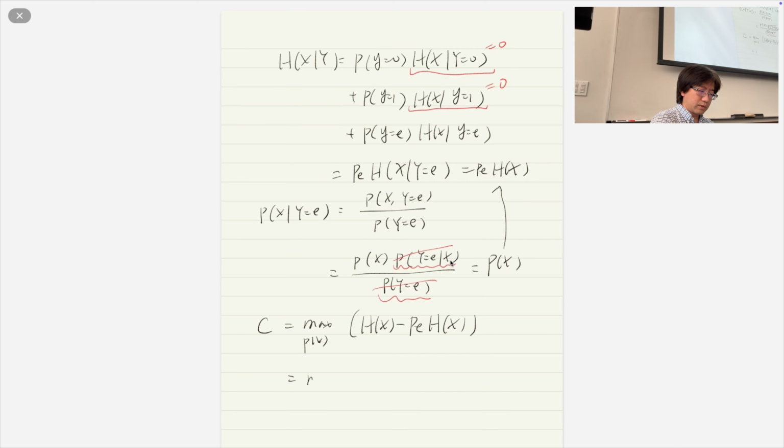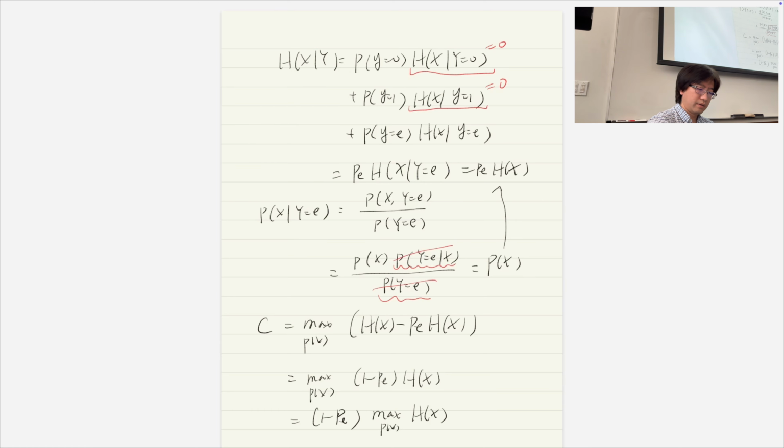So this is max over P(x) of (1 minus Pe) H(X). Then we can take this (1 minus Pe) out, and then the maximum over P(x) of H(X).